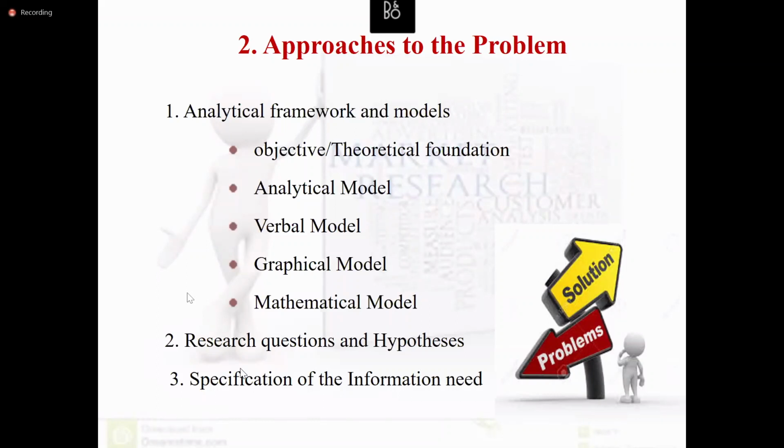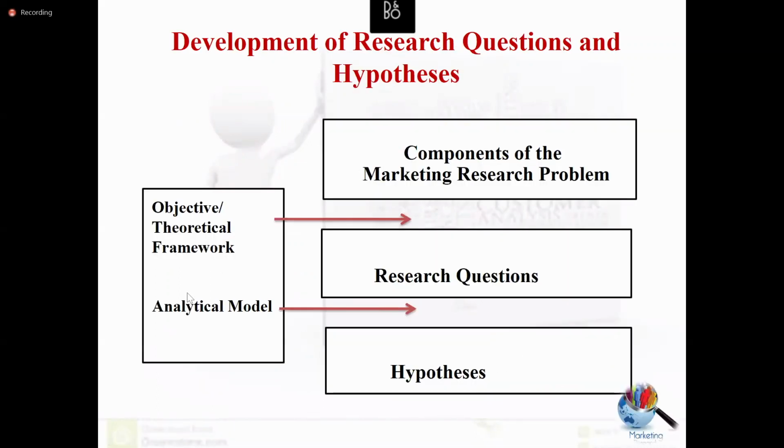Otherwise, we can have the research questions and hypotheses, which I was earlier specifying, and even the specific information we can move into. And of course, when it comes to the second one, the research questions, we said the research questions may be based on the components of the marketing research problem.